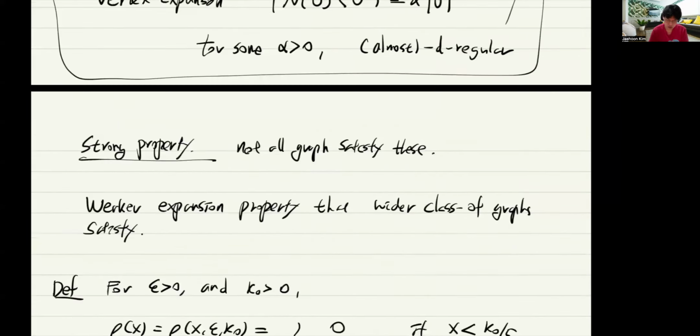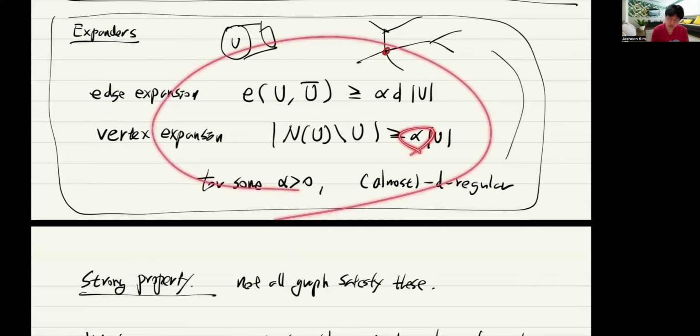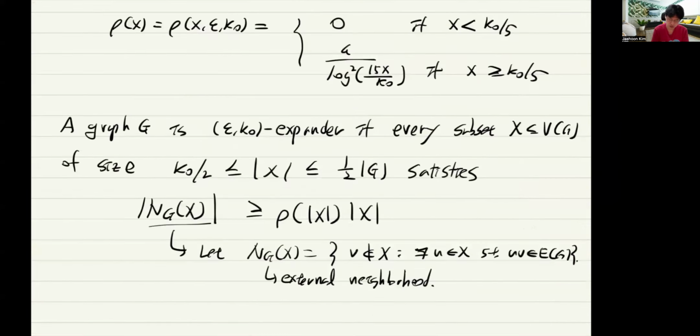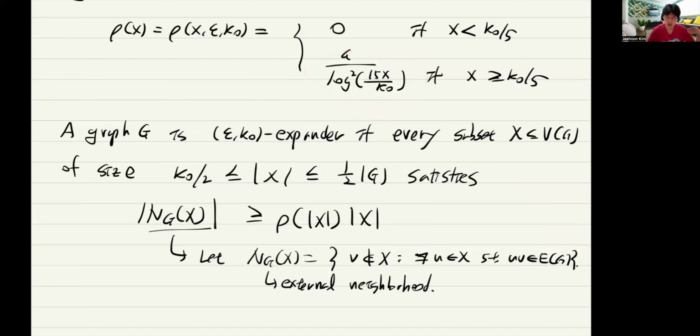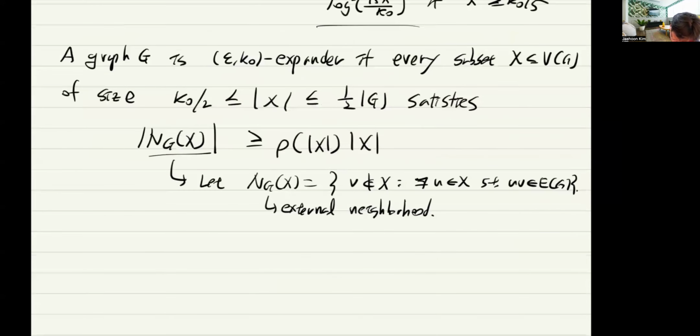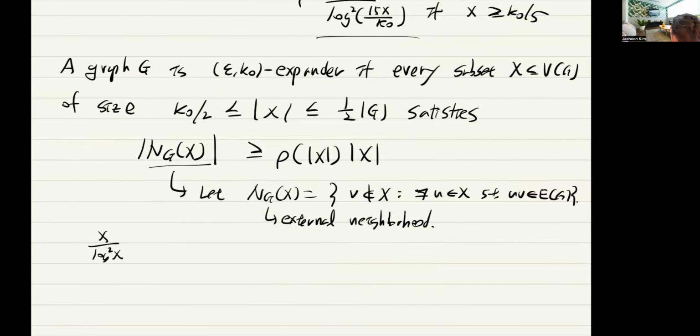So what is it? Before, the expansion ratio was constant. It's the same for whatever set you take. However, it's different here. This is a function that decreases as X increases. So if X is bigger, then the expansion ratio could be smaller. This is roughly 1 over log square, and we know that X over log square X is increasing, while 1 over log square X is decreasing.